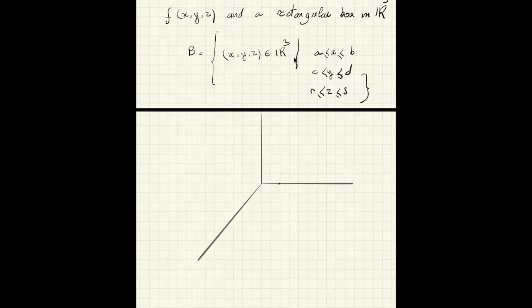So we have a, we have b. This is the x-axis, this is the y-axis, and this is the z-axis. And we have a, b, c, d, r, s. Okay, so we have the box. So what is the box here?